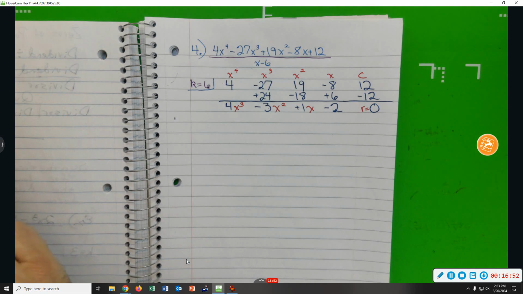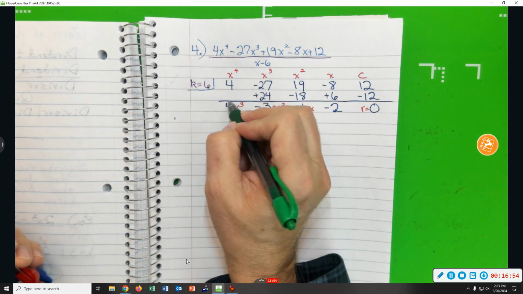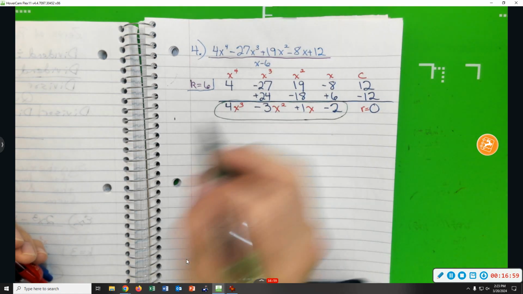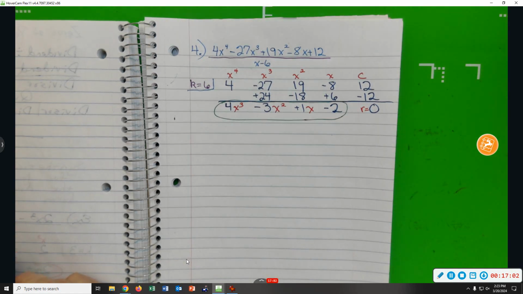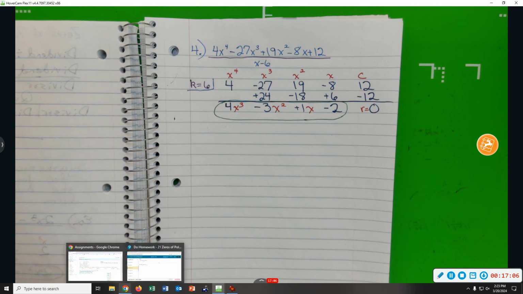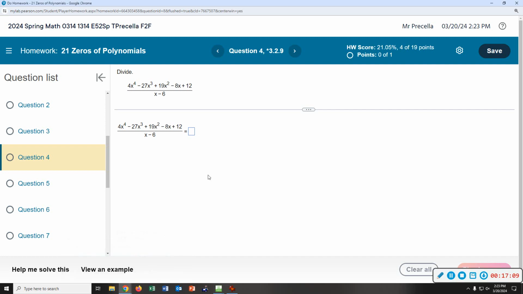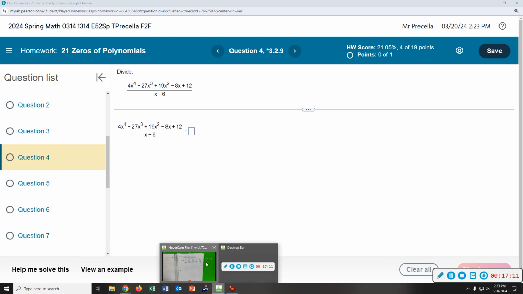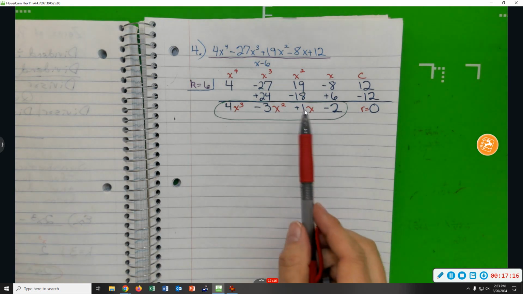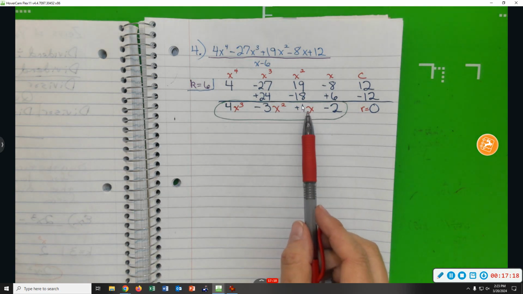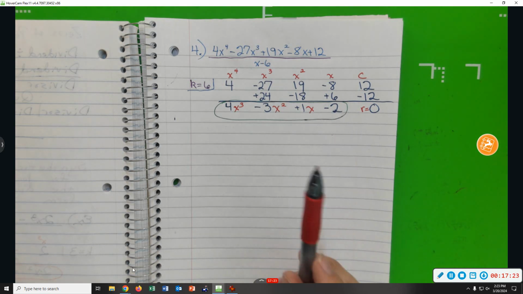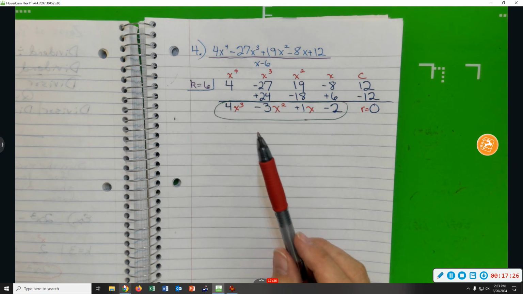Here's our quotient. 4x cubed minus 3x squared. I won't bother typing that 1 in front of the x minus 2. I'll just write a plus x minus 2. But MyLab would count it correct if you typed that 1.